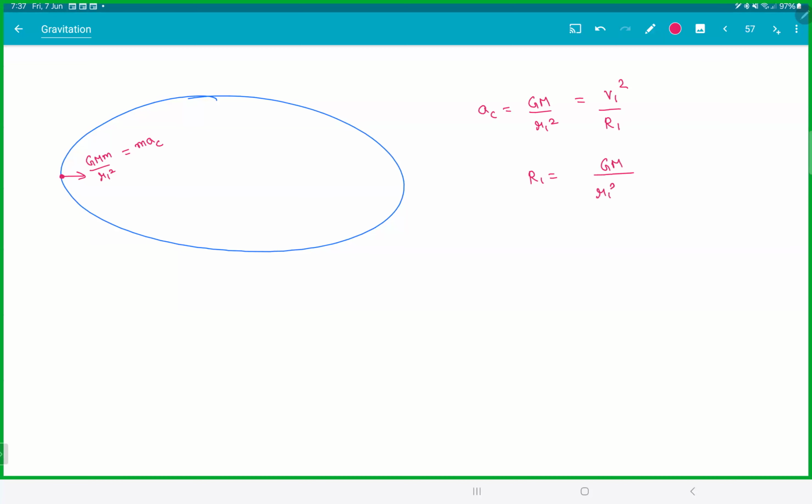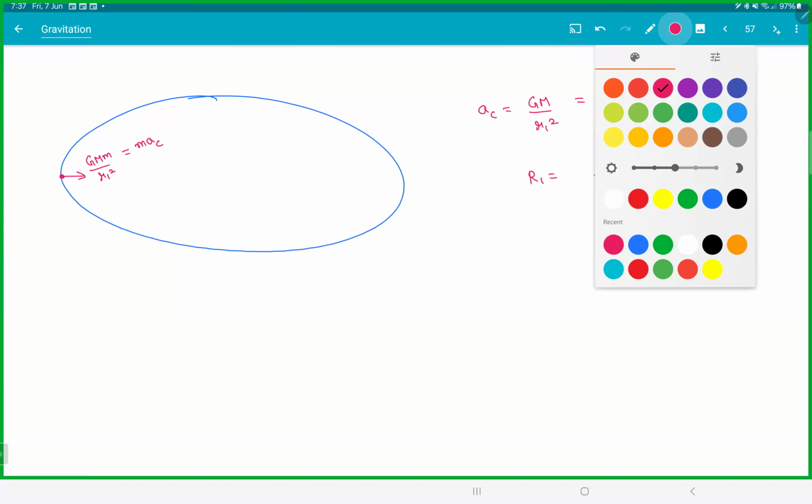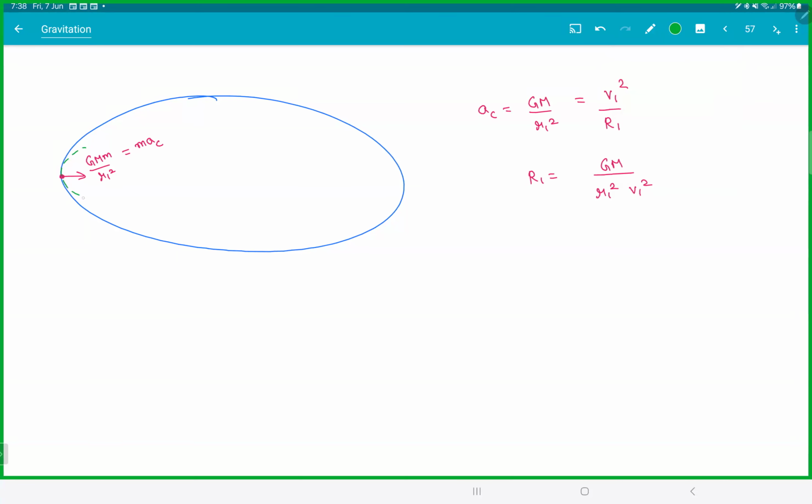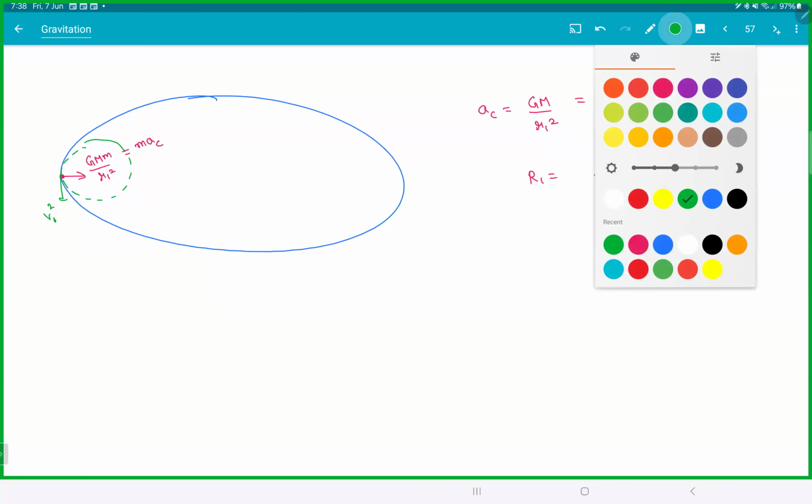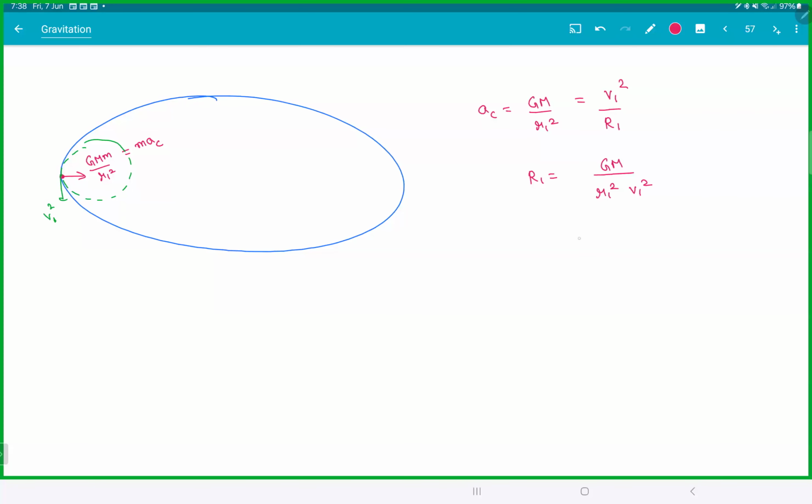The net force on the particle, the attraction, should be equal to m into centripetal acceleration. Centripetal acceleration is v square by the radius of curvature. And I know the value of v1, I can substitute. GM by r1 square, and v1 square is how much?